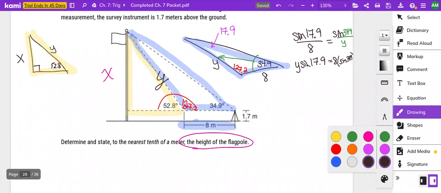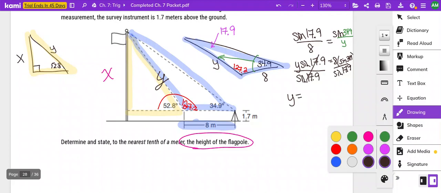Now, to get y by itself, I'm going to divide. And I get y by itself. So again, I'm going to use alpha y equals in my calculator: 8 sine 34.9 over the sine of 17.9.